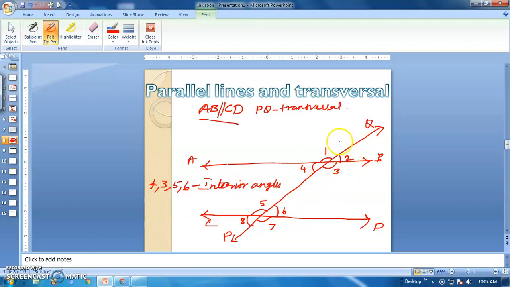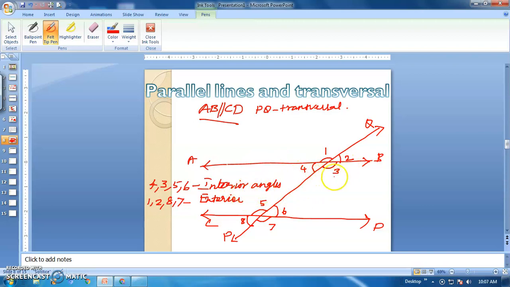And what about the other 4 angles, that is 1, 2, 8, and 7? They lie outside the parallel lines AB and CD. Therefore, they are called exterior angles. So out of 8 angles, 4 are interior angles and 4 are exterior angles.